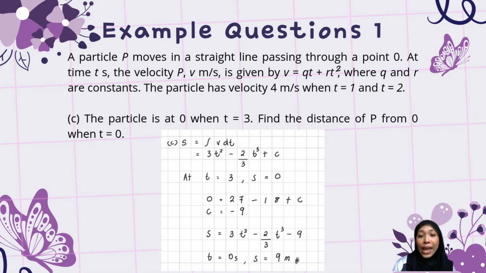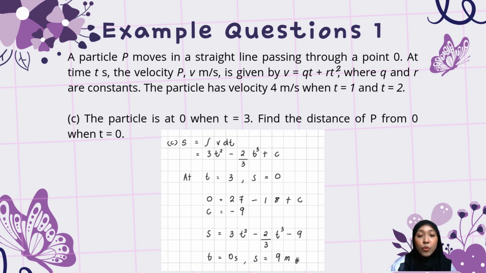So at t equals 3, s equals 0. We put this into the integrated equation and we get 0 equals 27 minus 18 plus c, so c equals negative 9. All of the information that we have collected, we put into the equation we integrated at the first step.